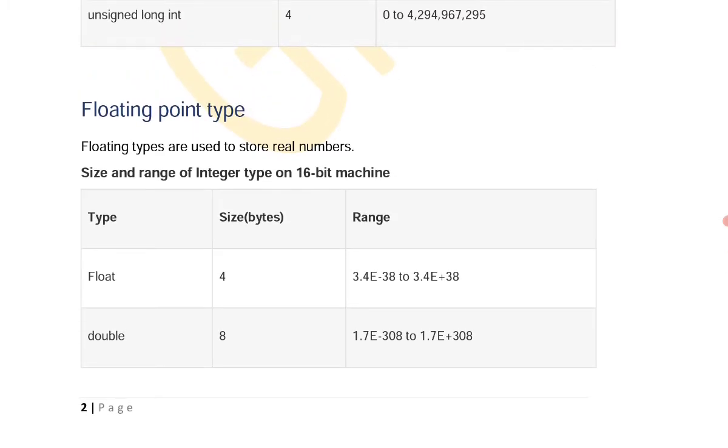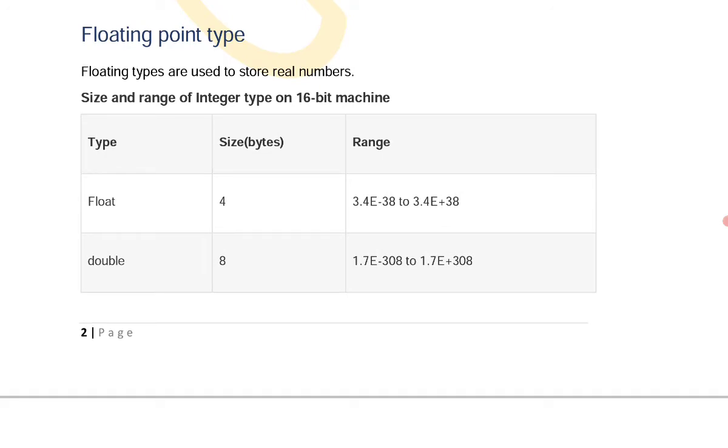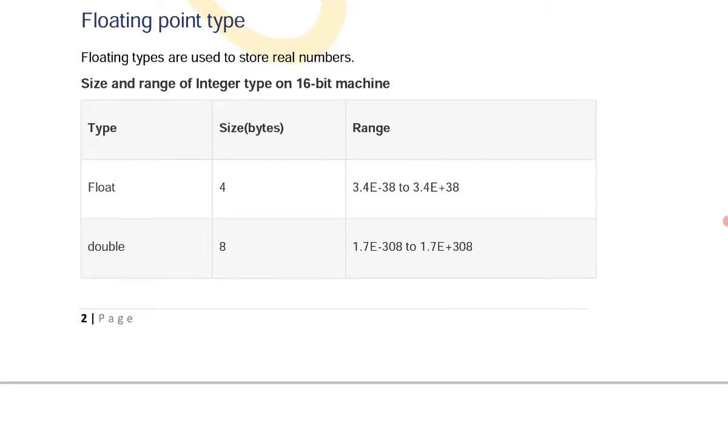Floating data types are of three types. First one is float, size is 4 bytes, range is 3.4e-38 like that.